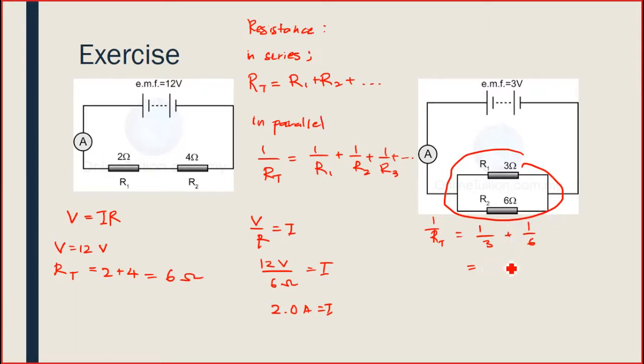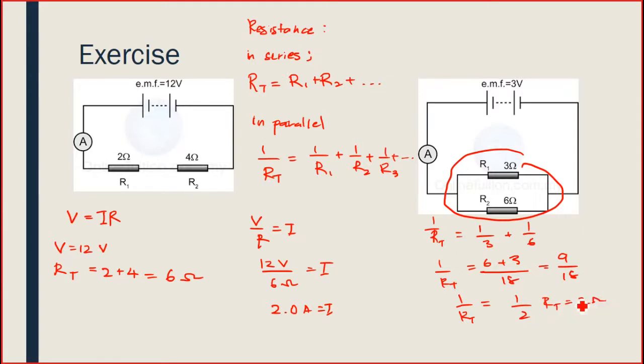This is going to be 6, this is going to be 3, and 6 times 3 is 18. So this is 9 over 18, which is 1 over 2. So 1 over 2 is 1 over R total, and R total is 2.